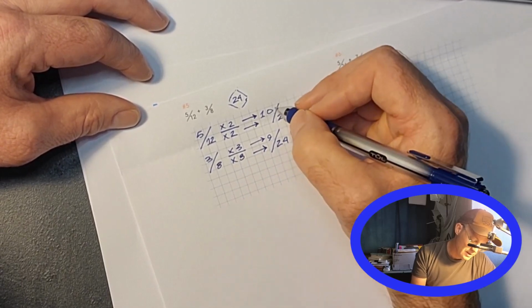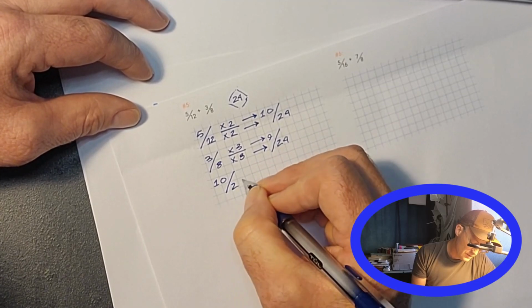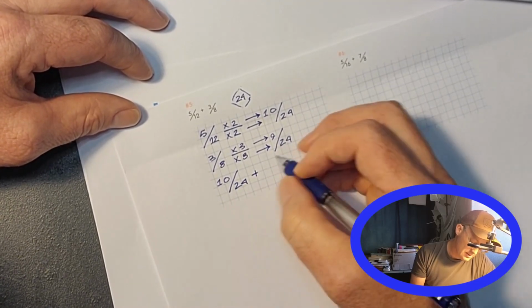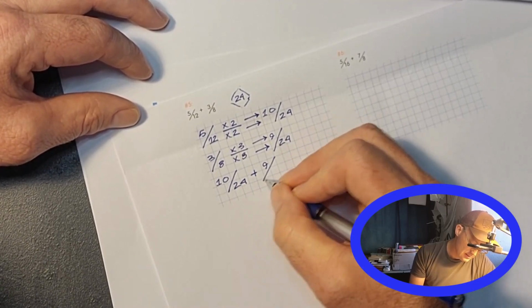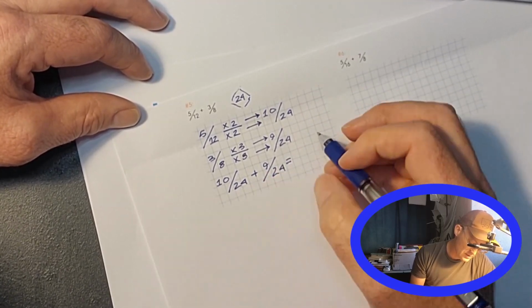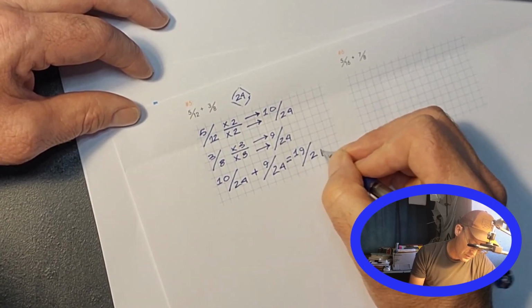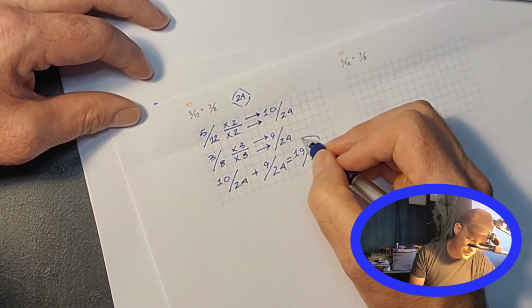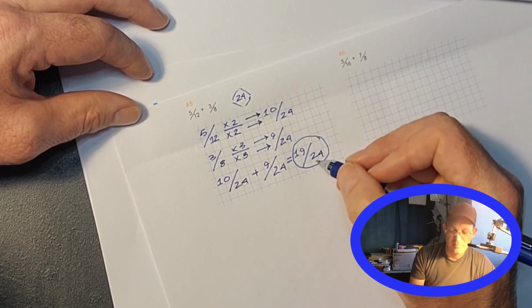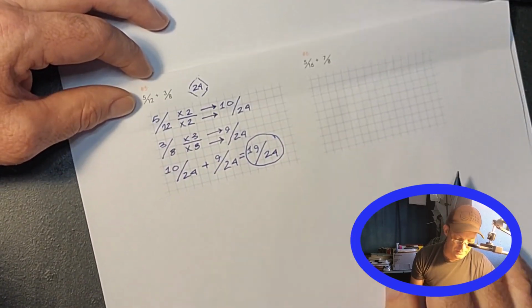So we have 10 over 24 plus 9 over 24. Now we have our common denominators. We can just add the top. We get 19 over 24. That is not an improper fraction, and it can't be simplified because we've got an odd number over an even. So that's the final answer there.